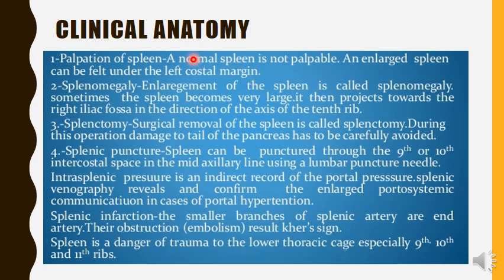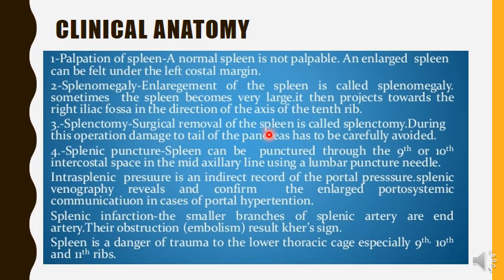In a few individuals a normal spleen may be palpable, but in the majority the normal spleen is not palpable. What is splenomegaly? Enlargement of the spleen is called splenomegaly, and sometimes the spleen becomes very large and projects towards the right iliac fossa in the direction of the axis of the 10th rib. So that is splenomegaly.